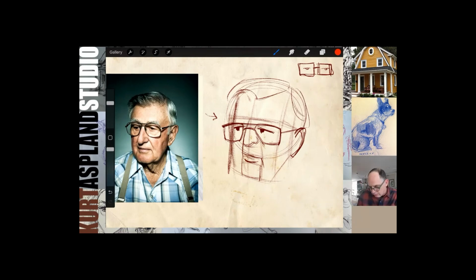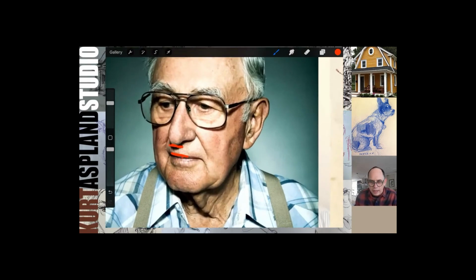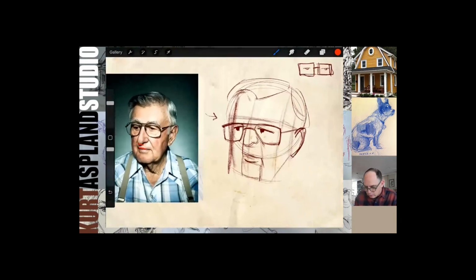You know, it's like there's the tip of the nose and there's the lip. So, you know, that shadow is playing into that idea. Yes, so his nose is really dipping in a sense. You see that? That's a really good point.